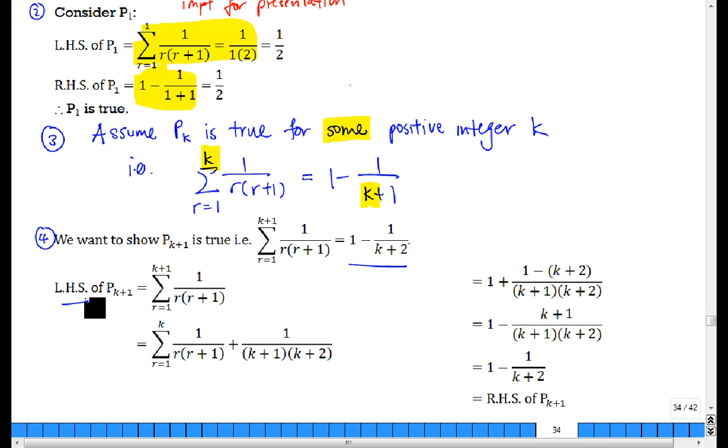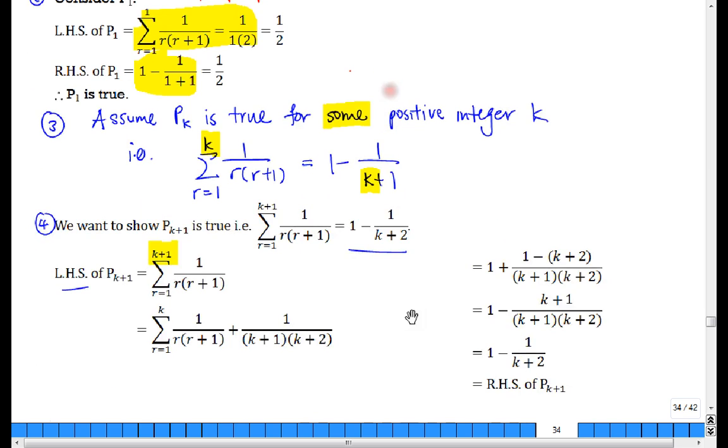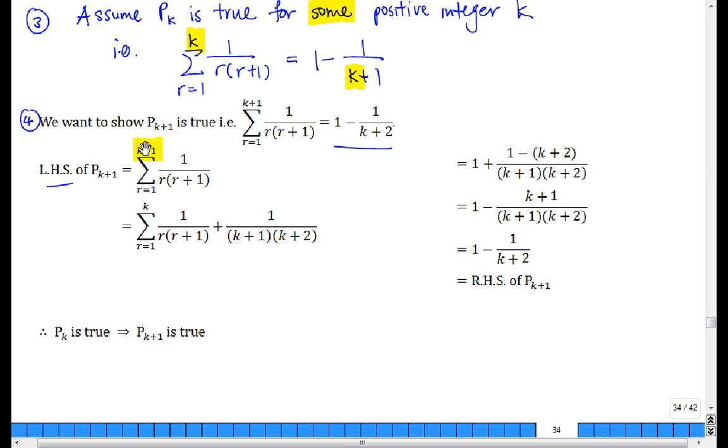You look at the summation sign, I just replace n with k plus 1. Follow? Remember our statement. What is Pn? Pn is this. What is Pk plus 1? So I just change the n to k plus 1.